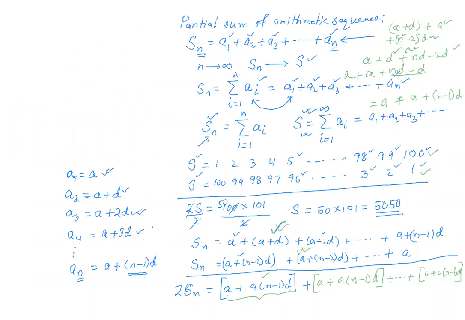Okay, so I'll use this space. 2Sn is equal to n times (A plus A) plus n times (n minus 1).